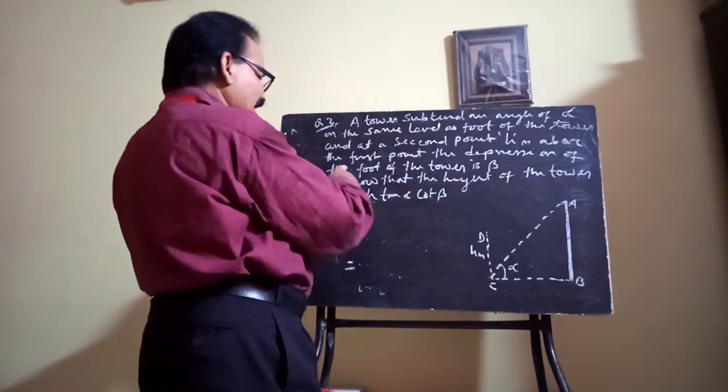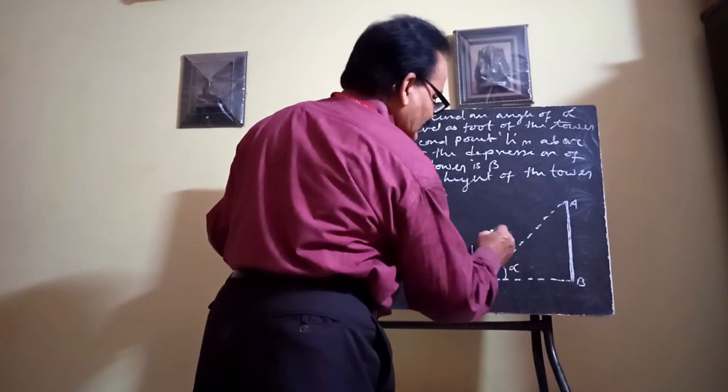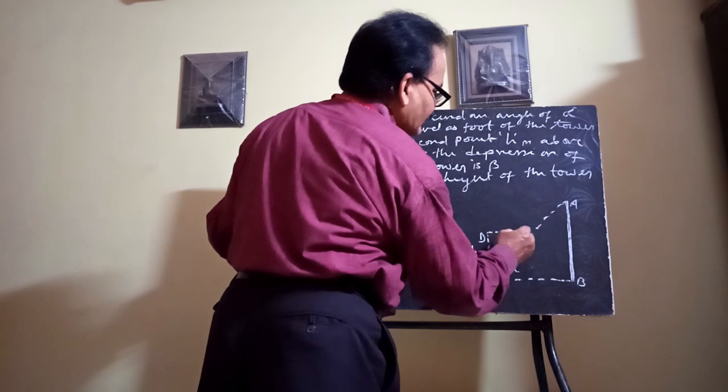The angle of depression of the foot of the tower. The foot of the tower is B, and this is the horizontal level.